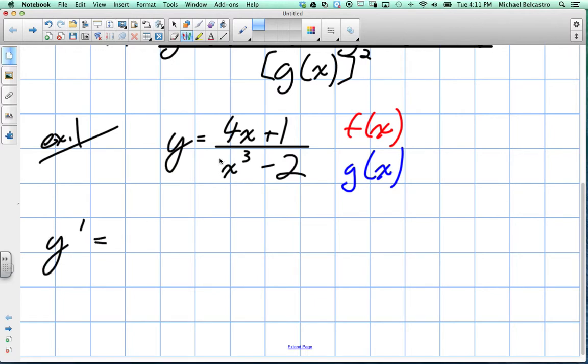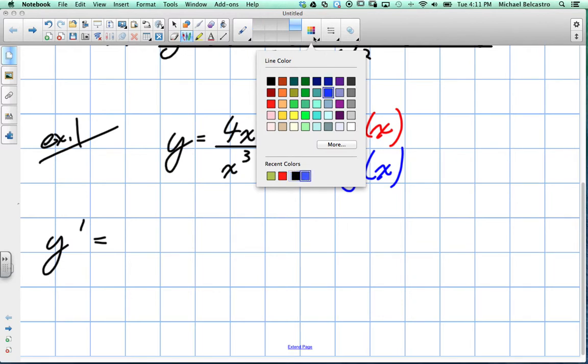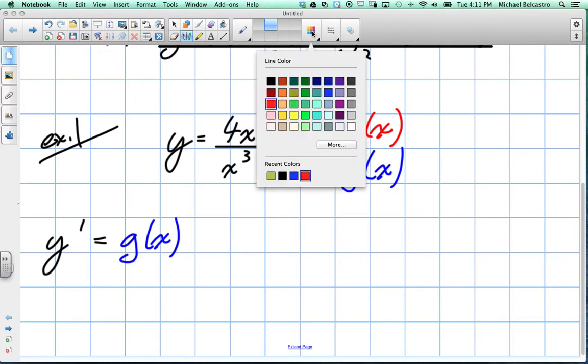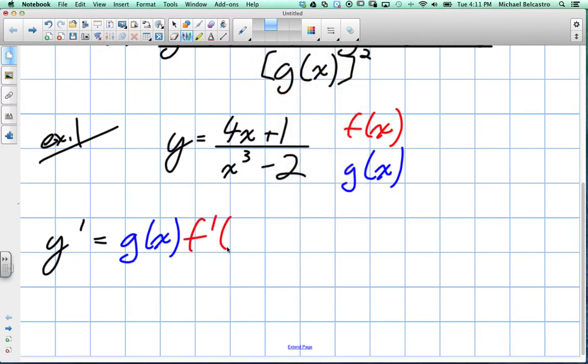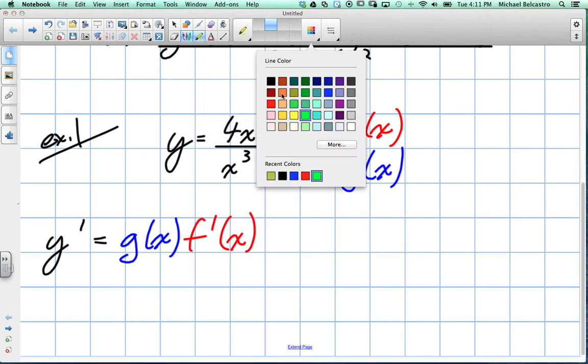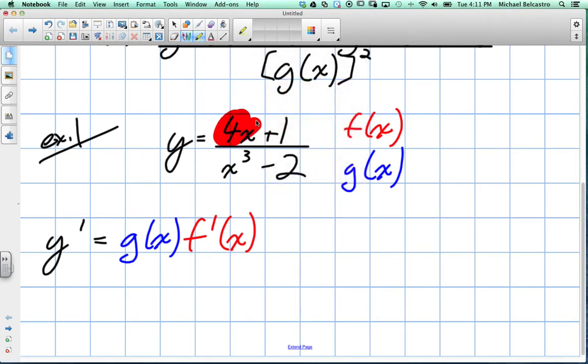Well, y prime will be equal to g at x times f prime x. So in other words, and we'll highlight it, I guess I'll use red, might be too dark. Let's see. Oh no, it works.